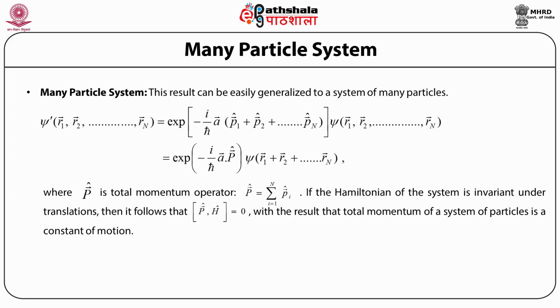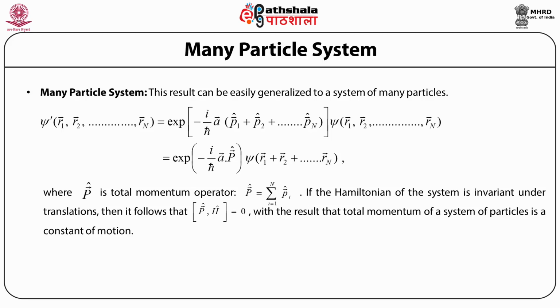Now, up till now, we were continuing this discussion of translational invariance and the corresponding conservation of a physical observable for a single particle system. Now, let us generalize this result to a system of many particles. So, instead of having a wave function for a single particle, we will now have to write the wave function for n particles.